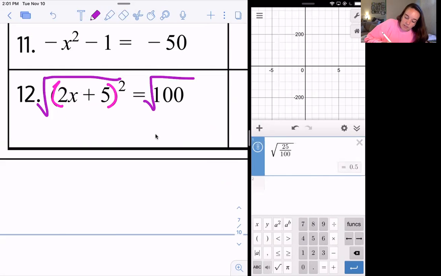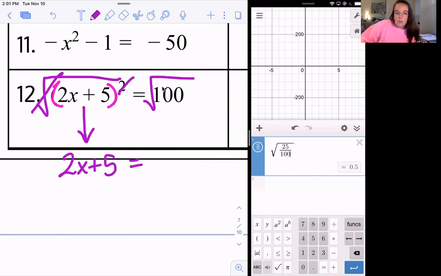That means that the square root and the square will be inverses. They cancel each other out. And we're left with 2x plus 5 equals, what's the square root of 100? 10. And what can I not forget? The plus and minus sign. Plus and minus like that.